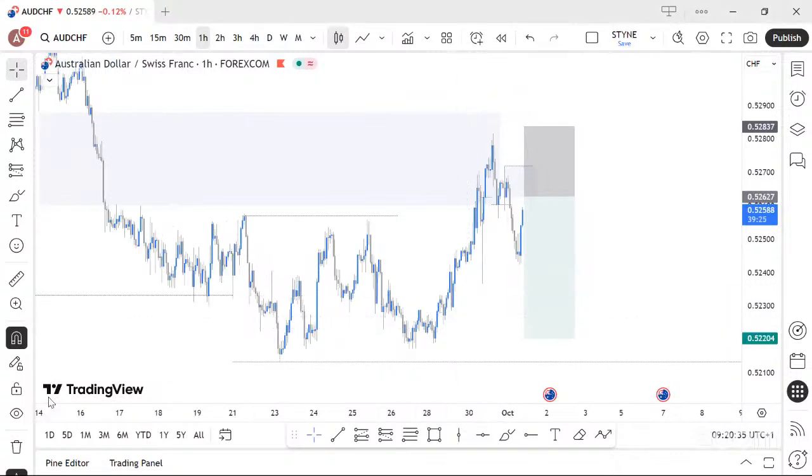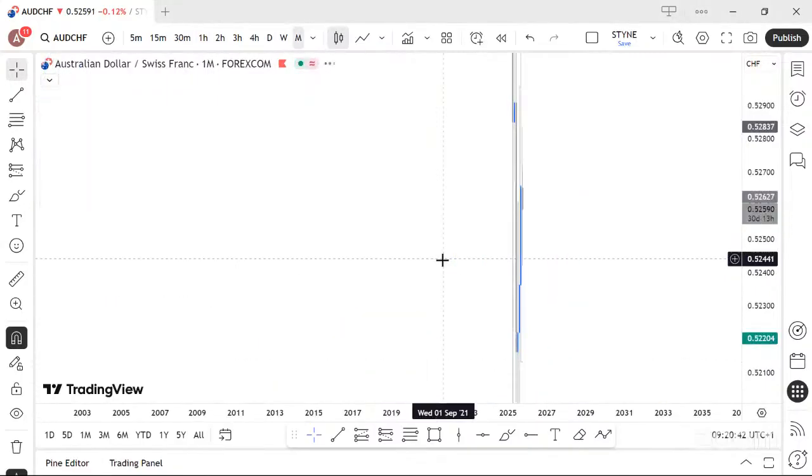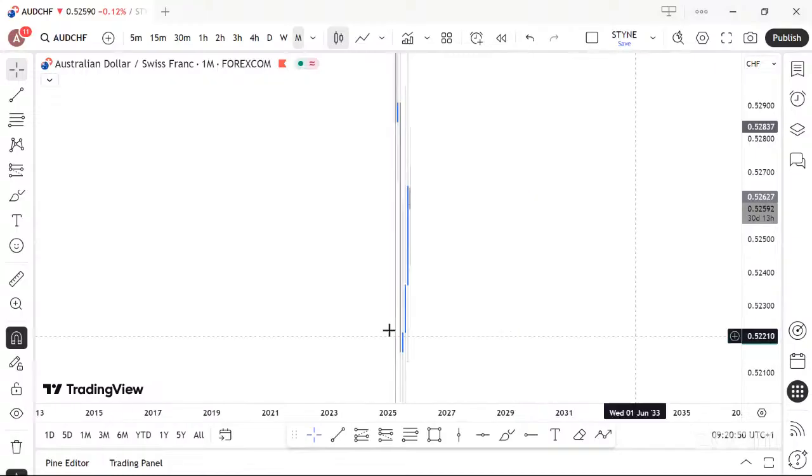We have been following it up since. If you want a rundown of the analysis again, it started from the monthly time frame where we had a monthly sweep of liquidity. Let me show you.